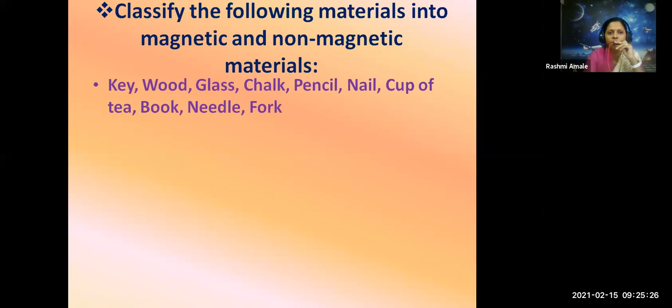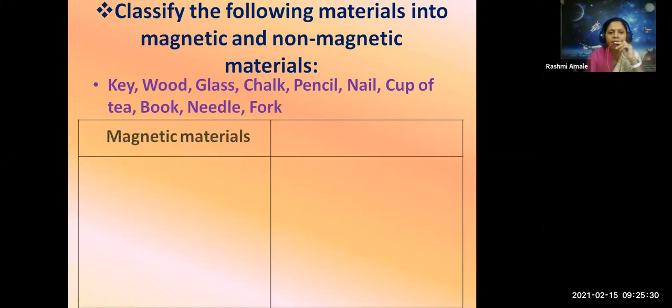So we are going to classify them into two sections: magnetic materials and non-magnetic material. So now you are going to answer, students. Okay, so the first one, key, it is magnetic or non-magnetic? Who will tell me? Yes, who will answer this? Key is magnetic material or non-magnetic material?